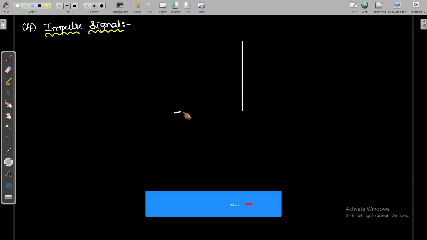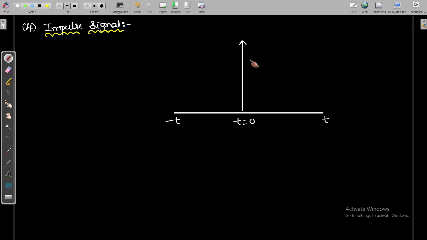Next, the fourth one is the impulse signal. It is the final signal which we are going to use. What is the value of the impulse signal? The signal has a magnitude at t equal to 0, with minus t on one side and plus t on the other, and at t equal to 0 it has some infinite value.